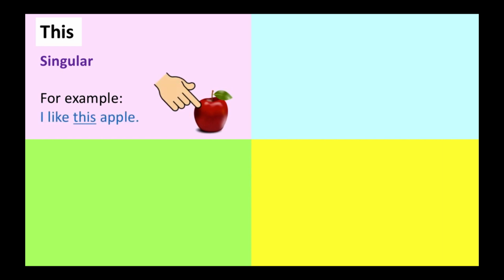This is singular. For example, I like this apple. Why are we using this? Because our index finger is showing the apple is near us. That is singular.